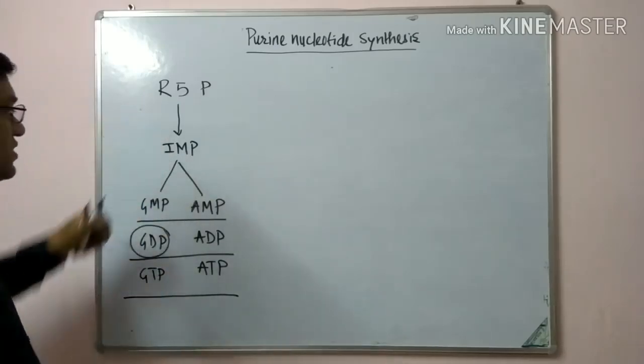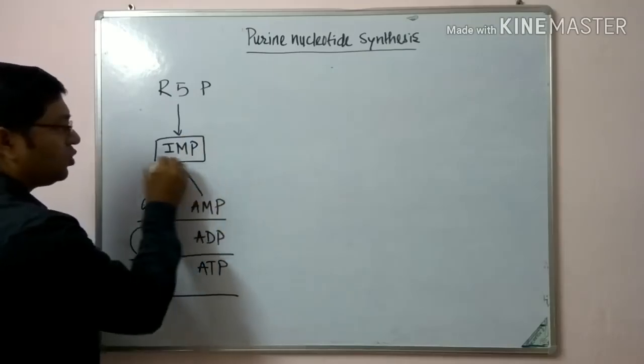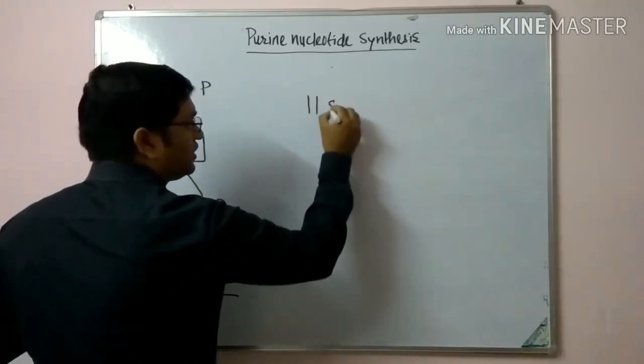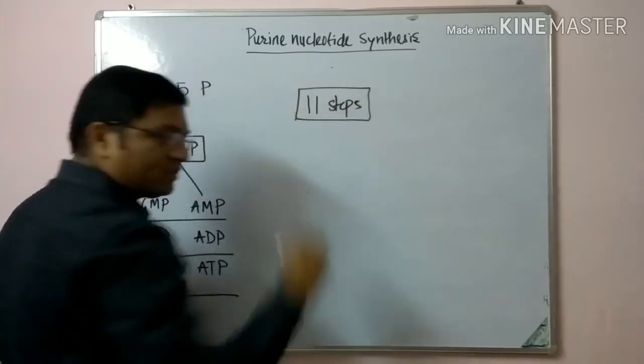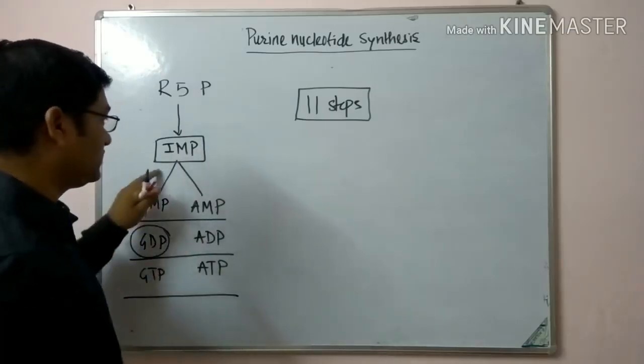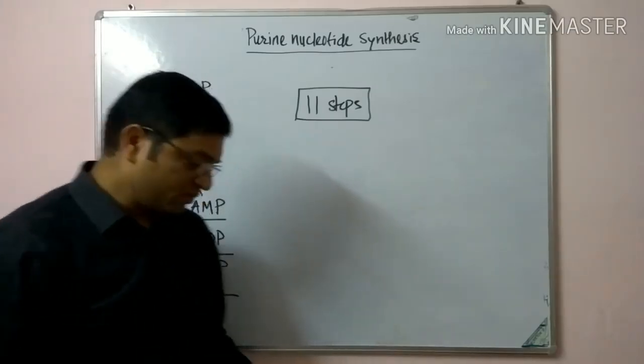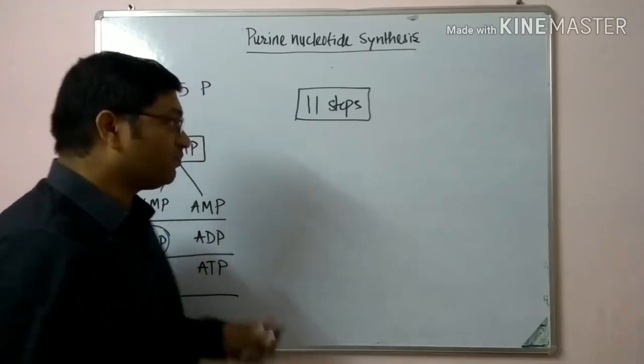Now coming to the synthesis of IMP, inosine monophosphate, there are a total of 11 steps. Now remember this mnemonic.